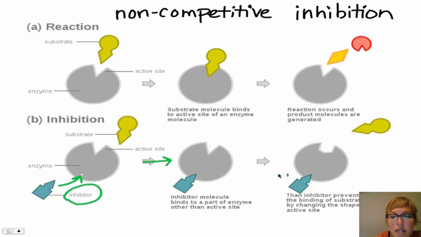Now, the bonding of that actually changes the physical shape of the enzyme so that the active site no longer fits the substrate, and the substrate's really confused because it cannot fit in there. Therefore, it cannot be broken apart, okay? So the way I remember this is non-competitive: the inhibitor is not competing for the active site. In competitive inhibition, the inhibitor is competing for the active site.